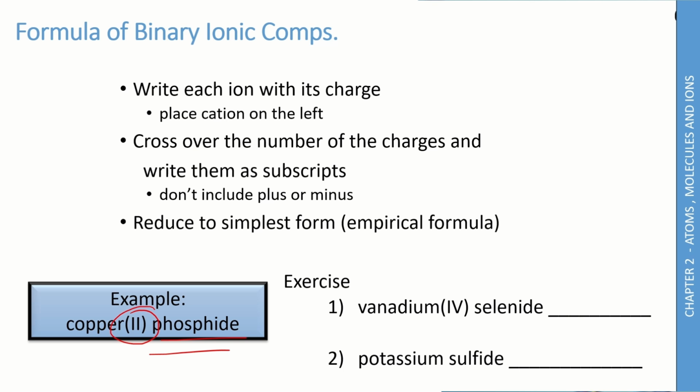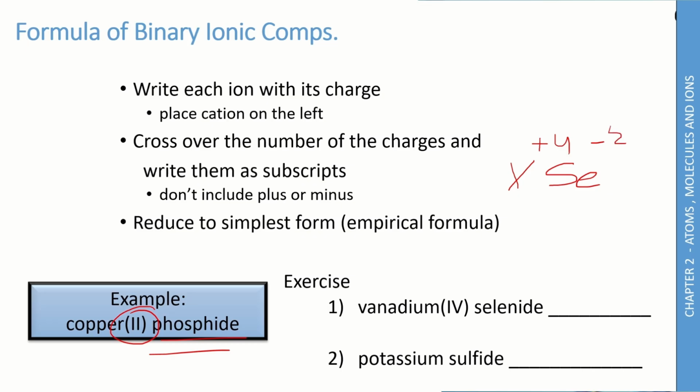So how are you going to do vanadium selenide? I know vanadium, look at this, it's 4, so it's +4, okay? And I have selenium, which is group 16, so it's -2.